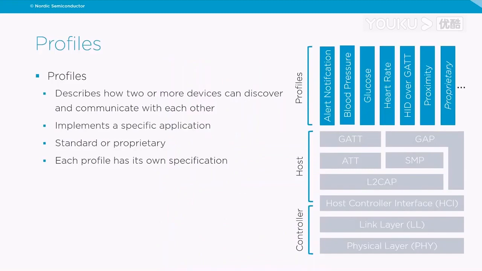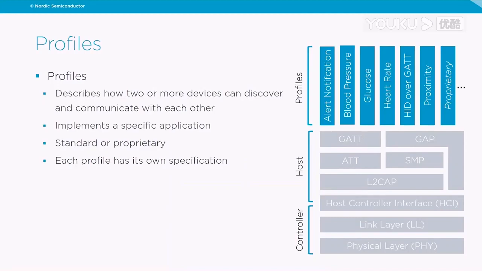So profiles. They describe how two or more devices can discover and communicate with each other. They typically implement a specific application, for example, heart rate. So it defines how one device uses a sensor to get the heart rate, and then how another device can discover this device and extract the heart rate from it.